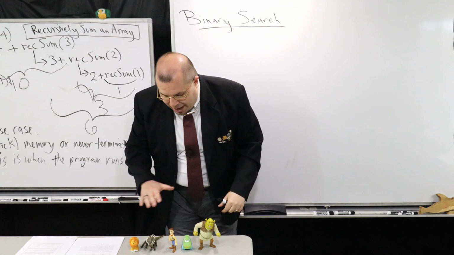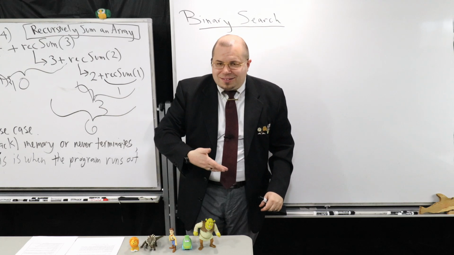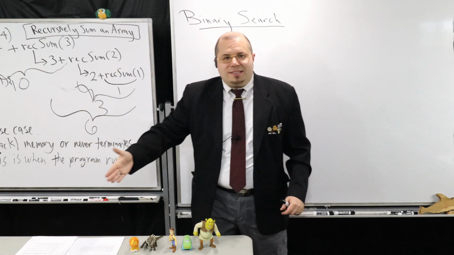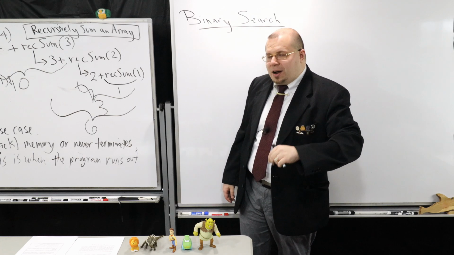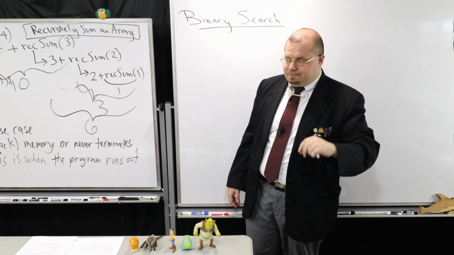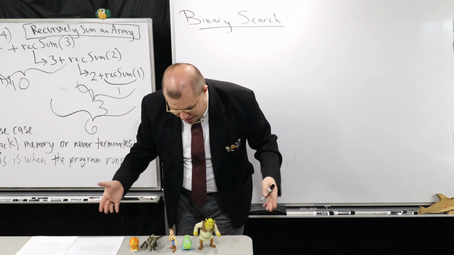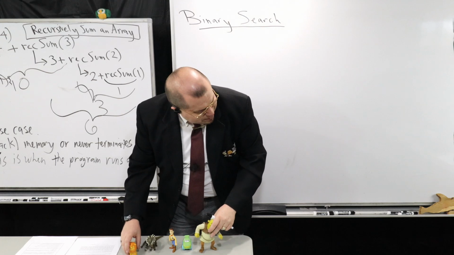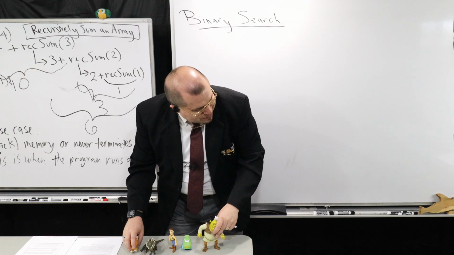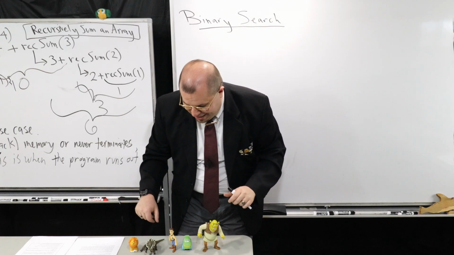For example, if I knew that all my friends were listed from shortest to tallest, say if I wanted to identify a friend based on their height, what I could do is, if I knew that my friends were ordered by their heights, let me just move them up a little bit. Actually, let's move them back down. I was about to lose my lion friend here.